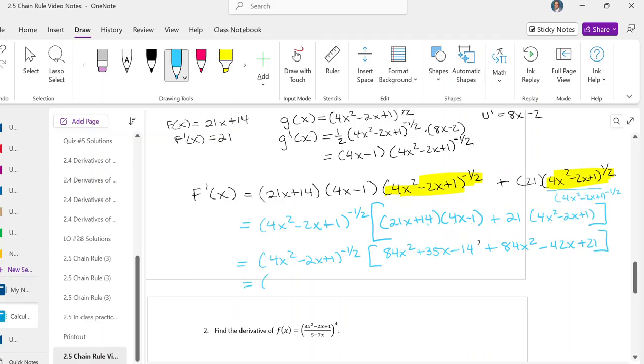And then when you simplify, we would get 168x squared minus 7x, and then plus 7.